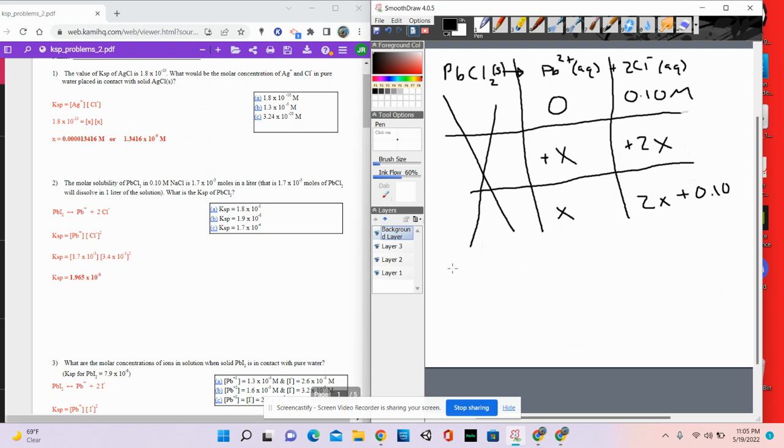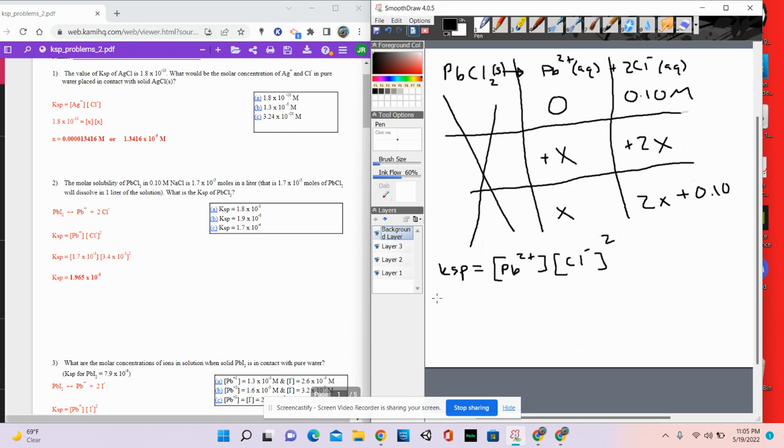Okay, so looking at our KSP expression, KSP equals the concentrations of products over the concentration of reactants. We can ignore the reactants because it is a solid. So KSP equals the concentration of Pb2 plus times the concentration of Cl minus, and the Cl minus is squared because it has a coefficient of 2.